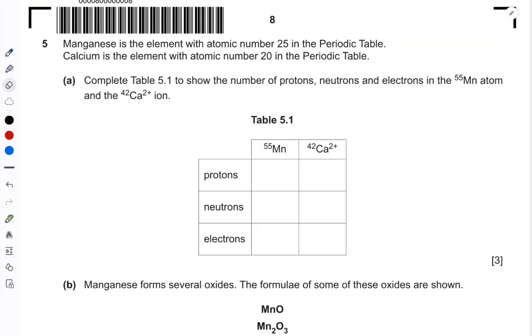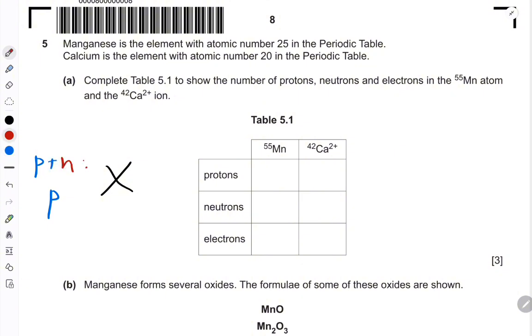Now we start question 5. Manganese is an element with the atomic number 25 in the periodic table. Calcium is an element with atomic number 20. Now, the standard notation we have, X, is your proton number or atomic number written below, and this is the proton plus neutron number known as your nucleon number.